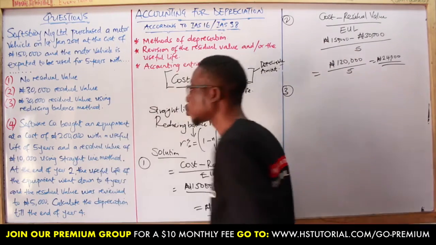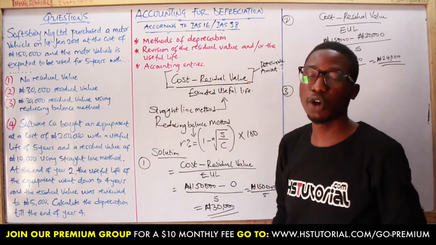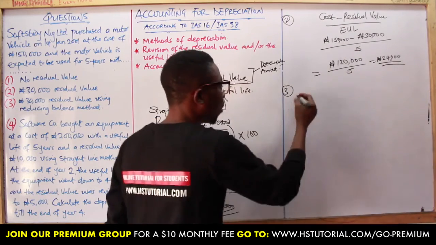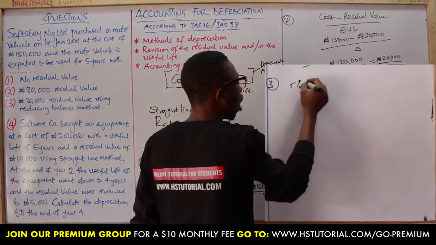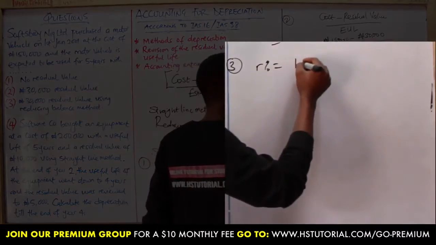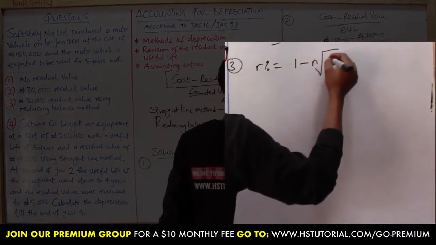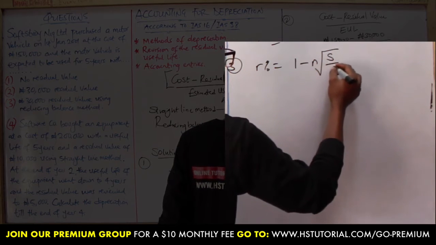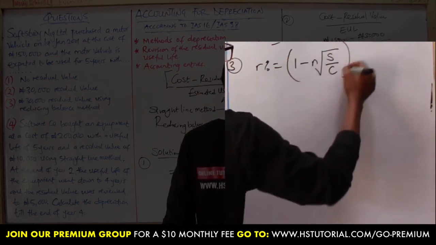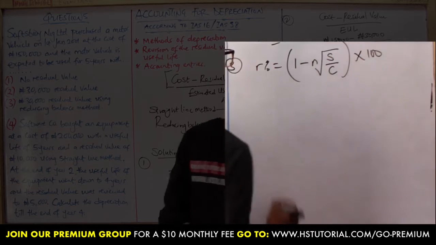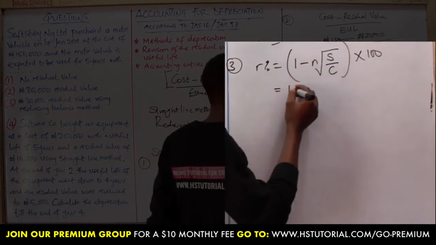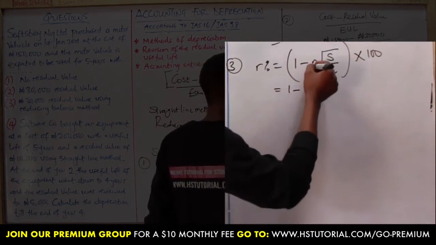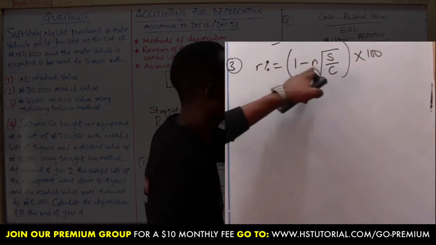The first thing you will have to do in solving this question is to write out the formula. What's the formula for the reducing balance method? It will be R% equals 1 minus the nth root of the scrap value all over the cost, multiplied by 100. N represents the number of years.